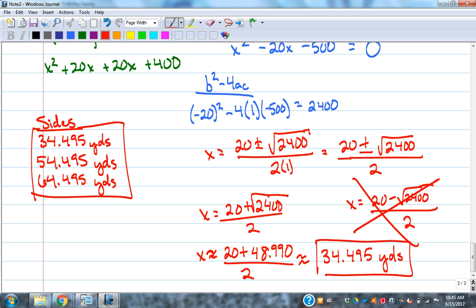So not a huge piece of land, but maybe we're fencing it in or something is what we're after there. I'm not sure what they're doing there with it. But not likely that we have a tape measure that measures those. 64 yards is quite a ways. All right.